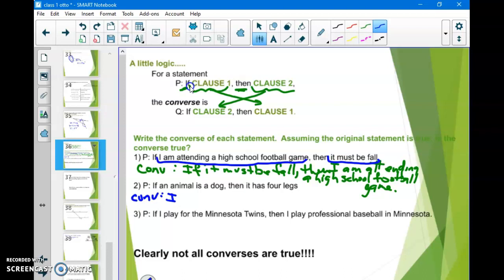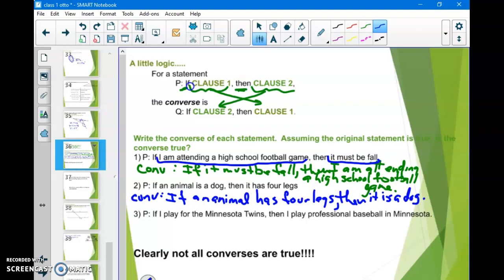So I'm going to say, if an animal, because that's what the it is referring to, has 4 legs, comma, then, now instead of saying an animal again, I'm going to use the pronoun it, is a dog. A little bit more articulate and better formed sentences than the first one because I moved the pronoun around.